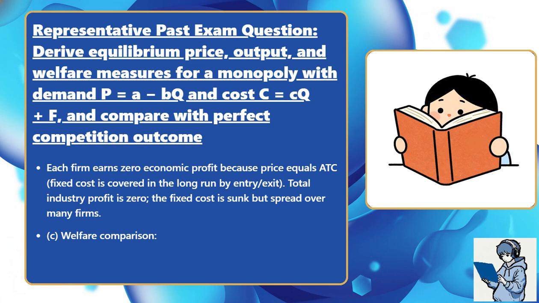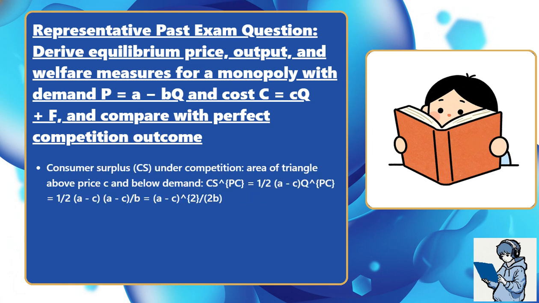Section C, welfare comparison. Consumer surplus, CS, under competition is the area of the triangle above price c and below demand. It equals 1/2 times (a minus c) times Q_PC, which equals 1/2 times (a minus c) times (a minus c) divided by B, simplifying to (a minus c) squared divided by 2B.